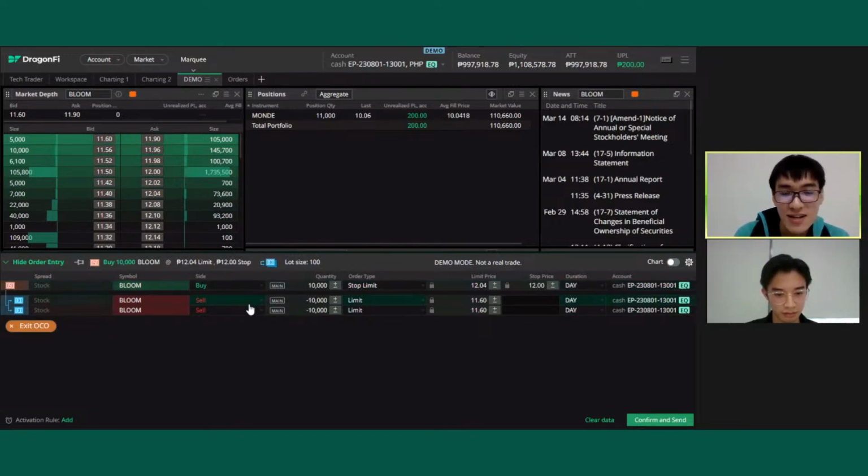The next is you have to set your target price and your stop loss. Let's say yung stop loss mo is around 11.58. It's also a stop limit order. Di ba? So 11.58, then your limit price should be lower para ma-execute agad yung order niyo.